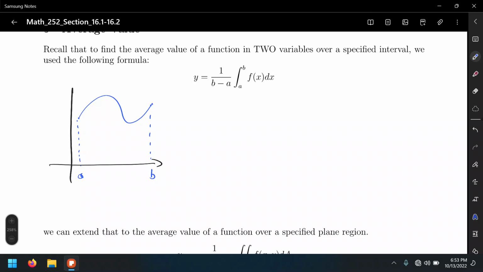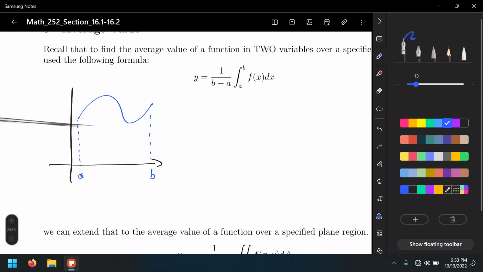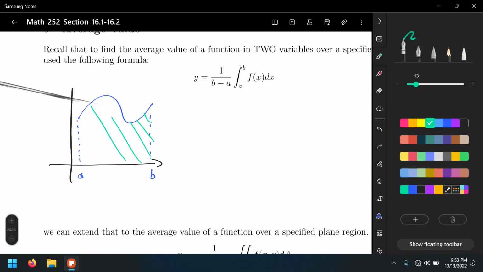And suppose this area right here is, I don't know, maybe peanut butter or Nutella, something, or any jam.